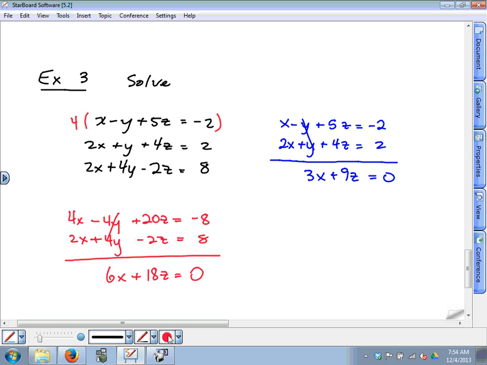But let's at least prove it how we proved it last time. What did it look like if there were infinitely many solutions once we finished all the way at the end? 0 equals 0. That's what's supposed to happen. Let's just make sure it does. If we have 3x plus 9z equals 0, and we have 6x plus 18z equals 0, we're going to have to multiply the top equation by negative 2.